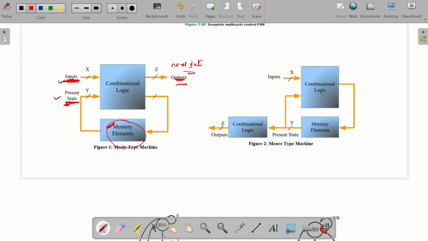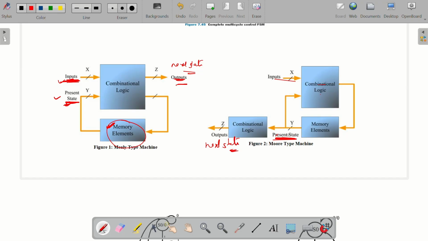Similarly, you have the Moore type machine, where your present state is given as an input to the combinational logic. You hold the present state, and only this present state alone is given as an input to figure out the next state and the outputs of the next state.